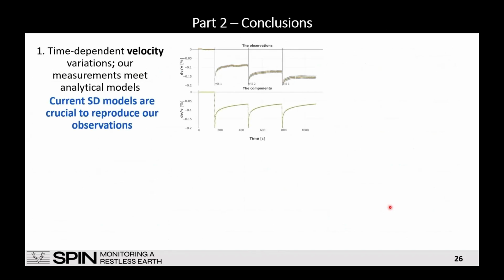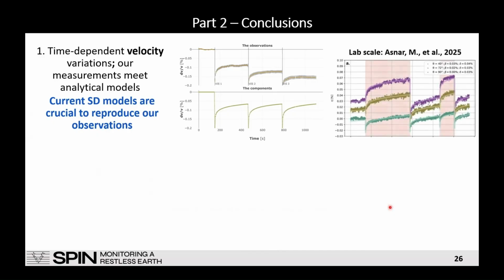the time-dependent velocity can be modeled using the standard slow dynamic models. And those are crucial to reproduce our observations. Why is this relevant? Well, because those models have been used to reproduce results of slow dynamic processes happening at very different spatial scales.